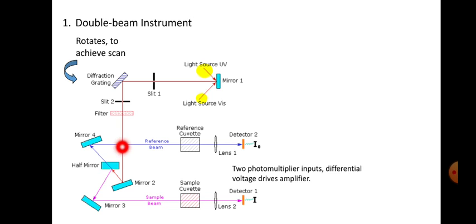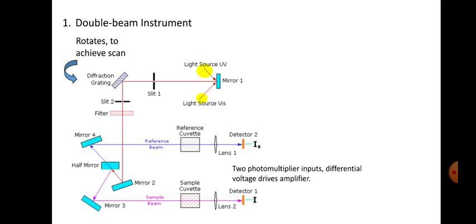Then one beam of light passes to mirror 4 and goes to the reference sample holder, or the reference cuvette. Another beam, having the same intensity, is passed to another mirror, mirror 3, and then sent to the sample cuvette.